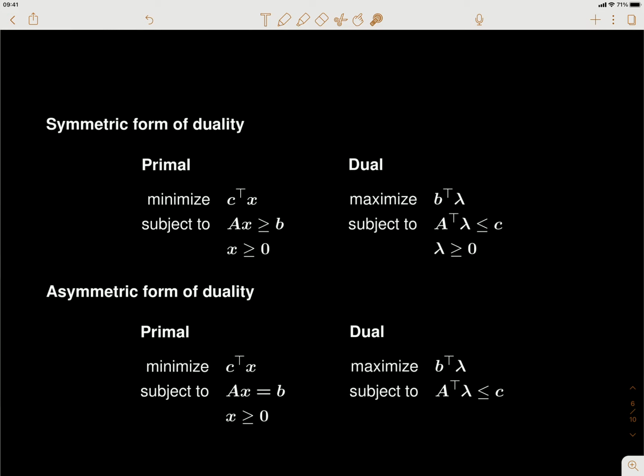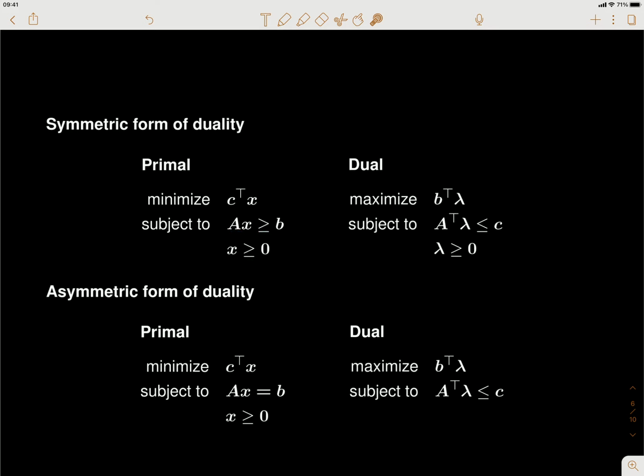We call the first case and the second case that we just discussed the symmetric form and the asymmetric form, respectively. The first case considers the primal problem that looks like this, where we're minimizing c transpose x subject to this inequality constraint and x greater than or equal to 0.